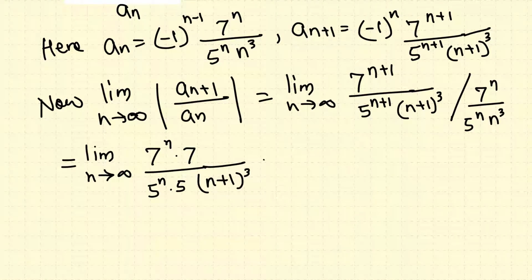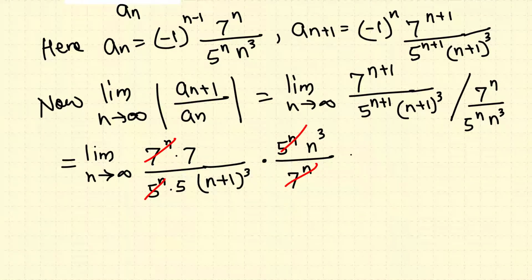Divided by means I'm going to change that division into multiplication, so I need to flip this fraction: 5 to the n on the top, n cubed on the top, all over 7 to the n on the bottom. Okay, now we can cancel a couple of things here. 7 to the n cancels, 5 to the n cancels. What is left? Nothing more.